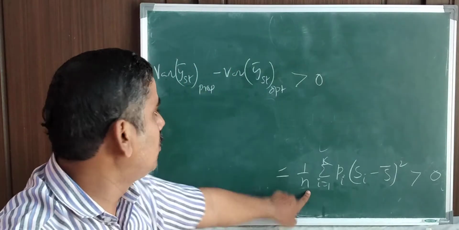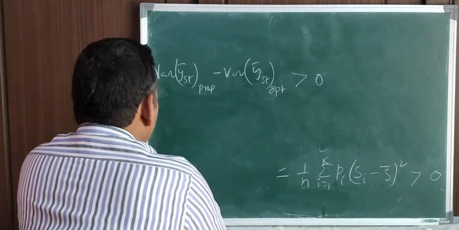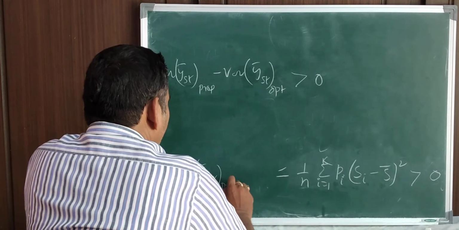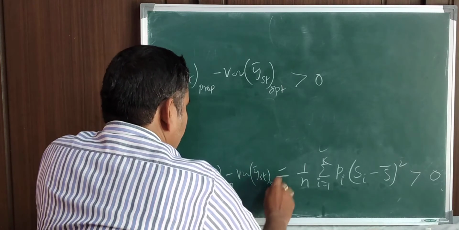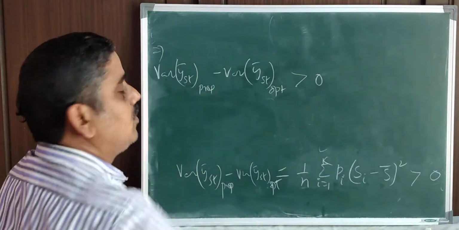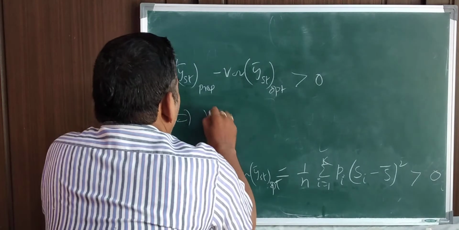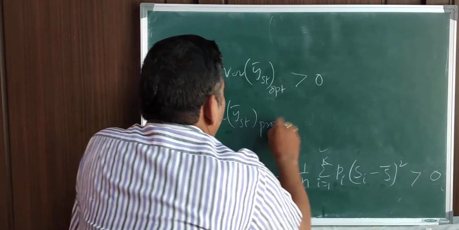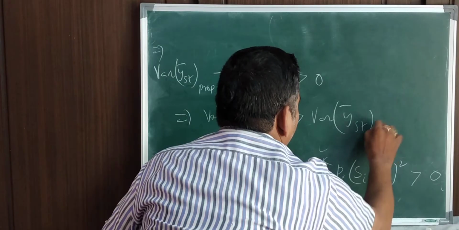Since this is greater than 0, which implies variance of y bar st proportion minus variance of y bar st optimum is greater than 0, which implies variance of y bar st proportion is always greater than variance of y bar st optimum.